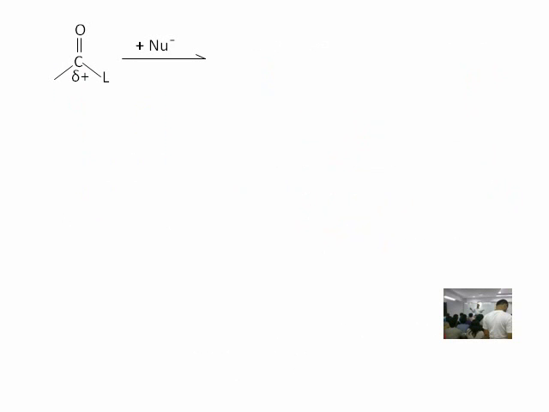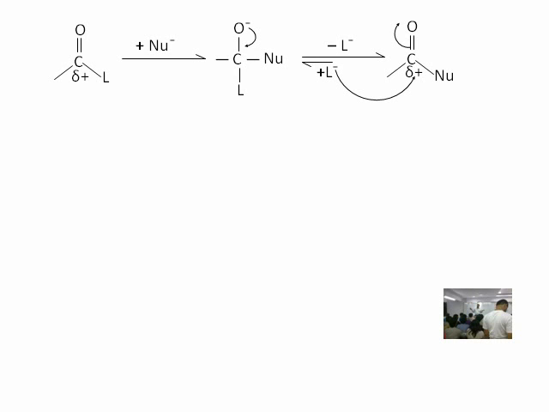Let us see some molecules. This RCOL, this is delta positive charge. Nucleophile will react, pi bond will break. This will be the intermediate. O minus will again form pi bond, L minus will be removed. You will get this molecule. L minus now can again react with the delta positive charge of the product.